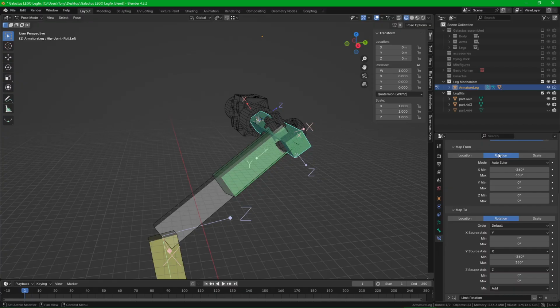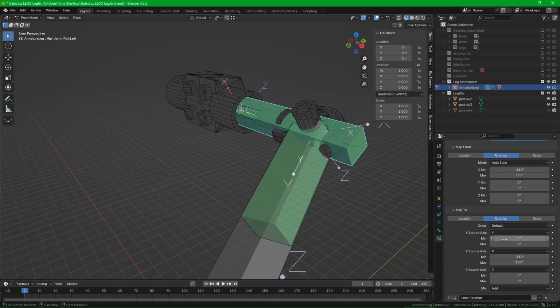You can do it not just from rotation though, you can do it from scaling a controller bone or the movement in world space, like location, but we're using rotation, and we're saying minus 360 to 360, so you could do a full loop backwards or forwards, and then we're taking that and we're looking at our y axis, and we're saying the source of our y axis is that x axis.